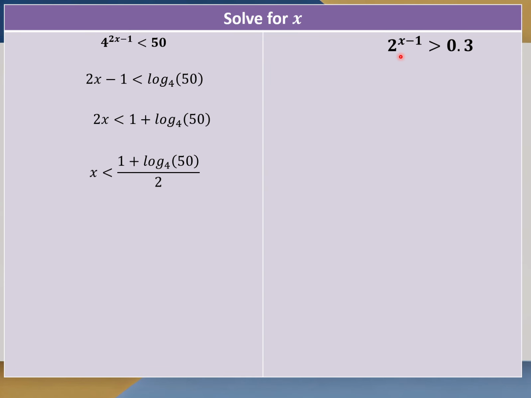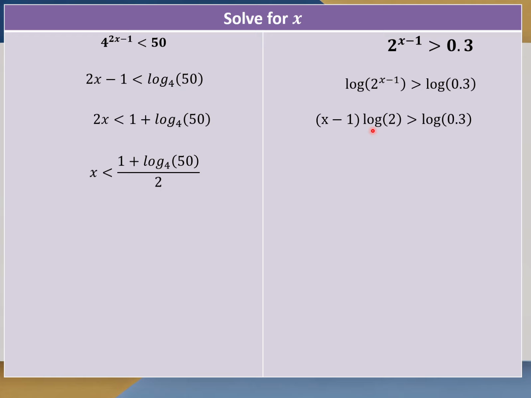Over here, I've got 2 to the power of x minus 1 is greater than 0.3. Same thing as we did here, I could do the same, or another way that I could do it is apply logs to both sides. So this way I'll get log of 2 to the power of x minus 1 is greater than log 0.3. Straight away from this, I am able to use the power rule to get x minus 1 out the front.